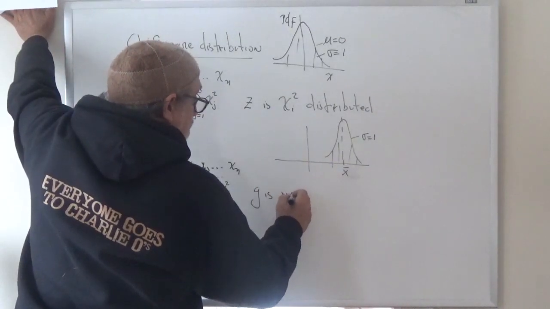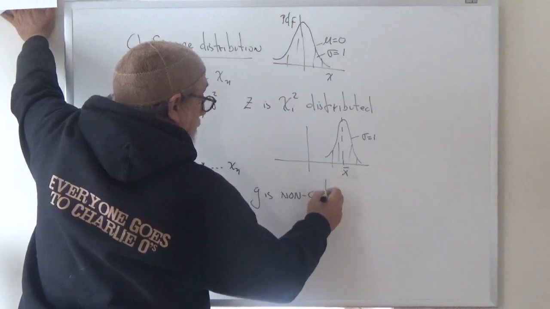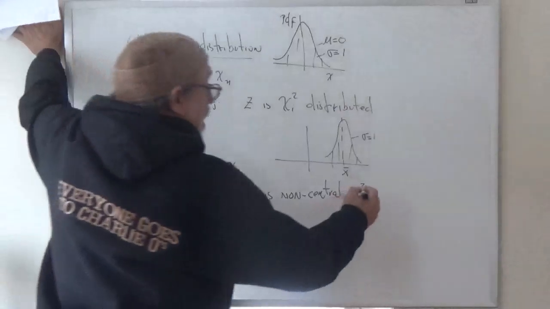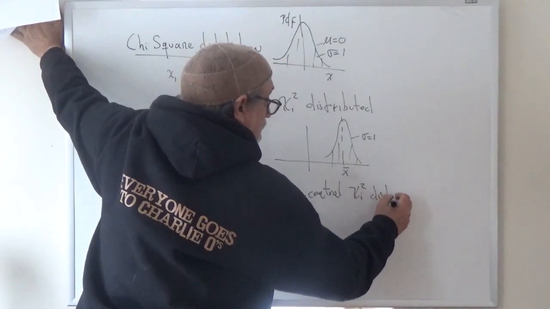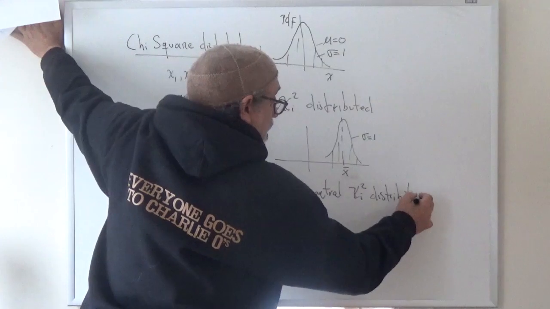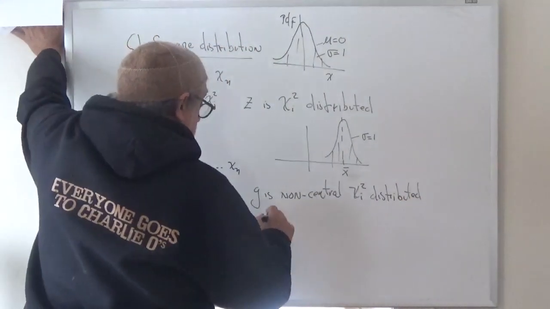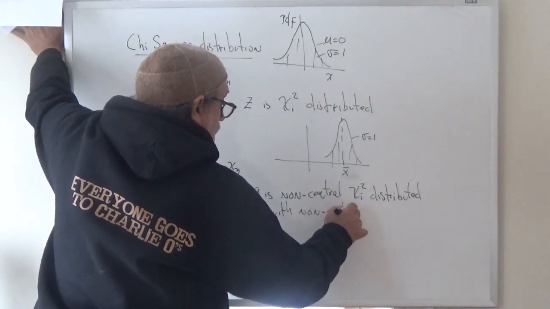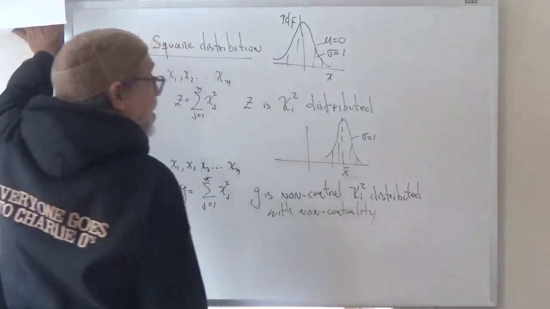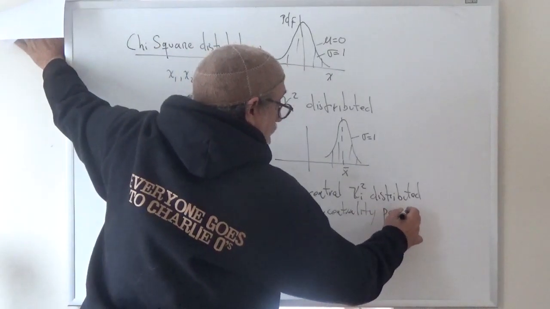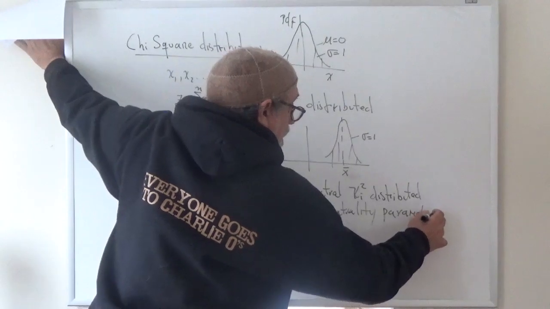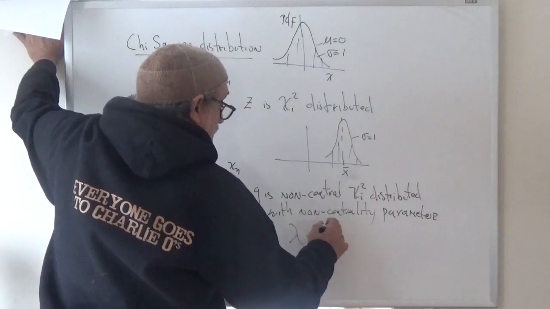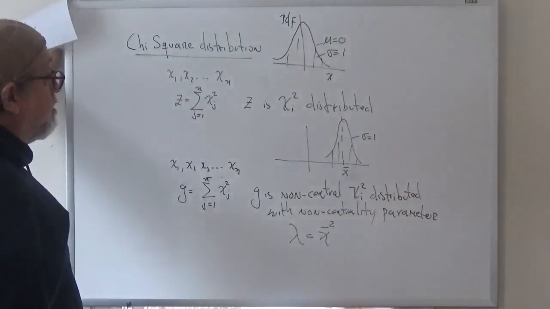non-central chi-square distributed, with a non-centrality parameter which is lambda, which is the square of x bar.